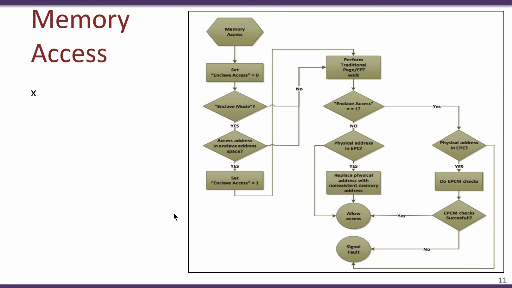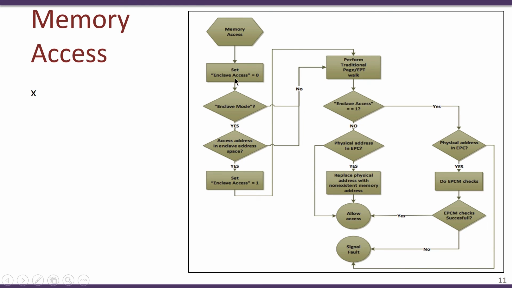Let us consider the case where we have code present outside the enclave and it is making a memory access to data which is also present outside the enclave. We will follow the flow chart and see that this should be permitted and only the traditional page tables and page walk mechanisms would work. A memory access is initiated.